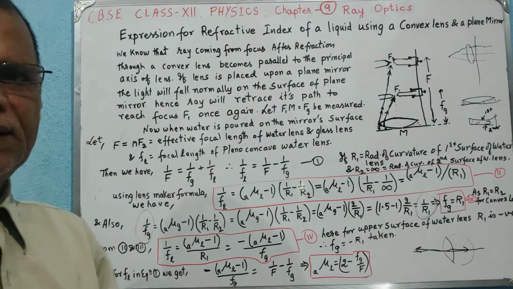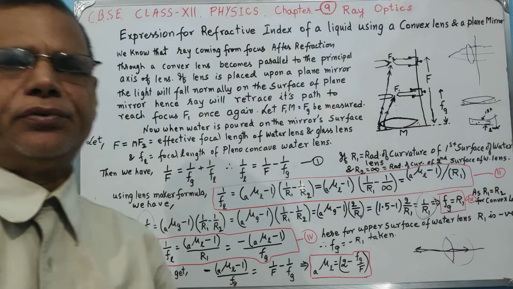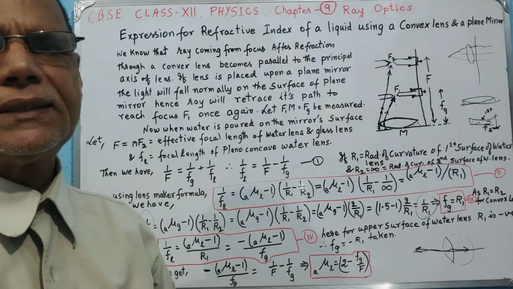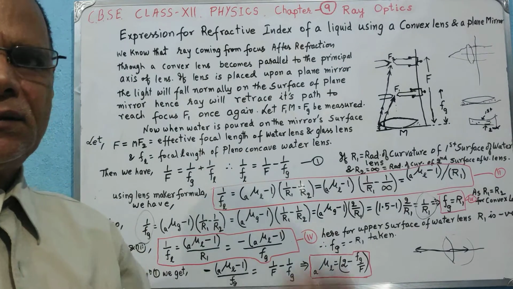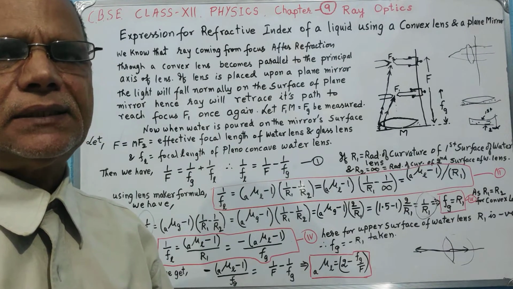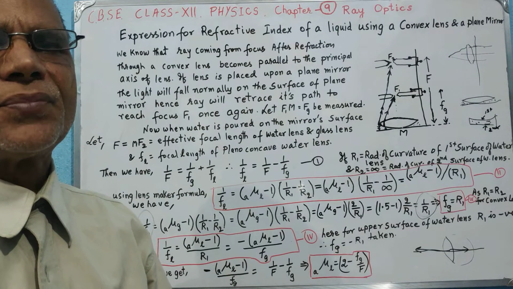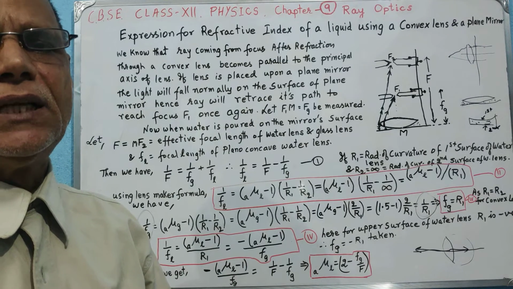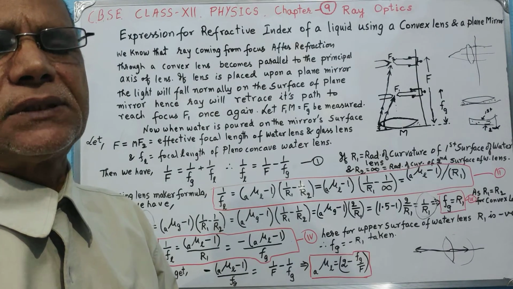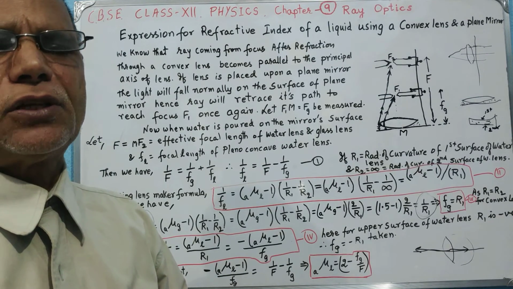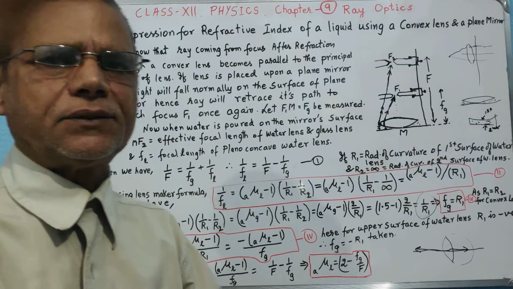So this expression is quite helpful in doing numericals at times, and also remember that these theoretical exercises are very helpful and give us the skill to solve numerical problems as and when they come. That's all for today. Thank you and have a nice day.